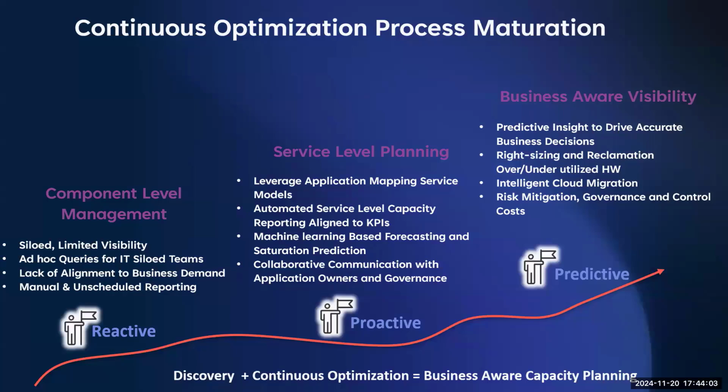But that doesn't help put it into the big picture and look at it from a service perspective or an application perspective. So it's important that you have some type of discovery tool, whether it's a BMC discovery tool or someone else's, that can create and map your applications so you can see the topology.